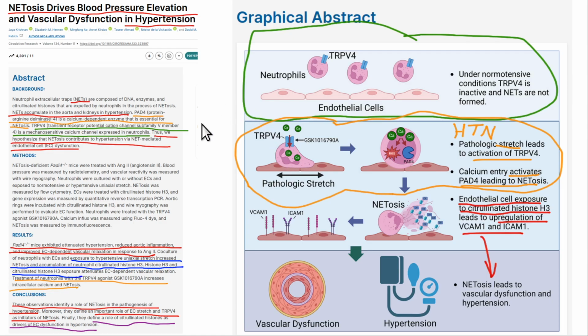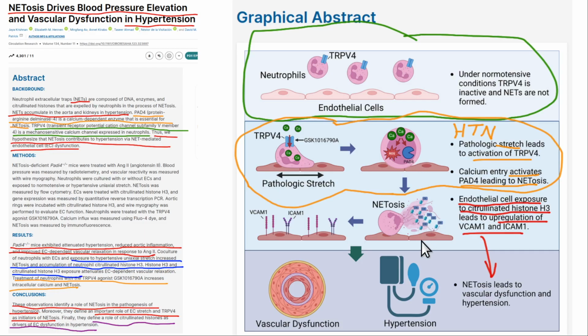Okay, here's a paper talking about the association of NETosis with hypertension. And what's interesting is it generates a vicious cycle. So basically the person already has hypertension, and the hypertension causes pathologic stretching of the neutrophil. And that stretching activates the TRPV4 receptors. They let calcium into the neutrophil, and that calcium entry activates NETosis.